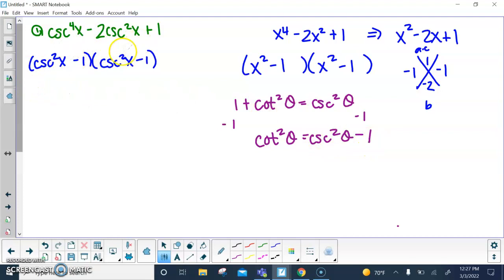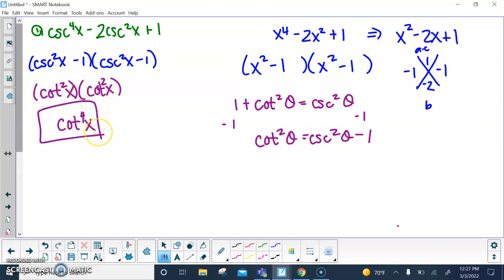So that means each of these binomials can be replaced with cotangent squared of theta, or x in this case. And in your exponent rules, when you multiply those together, that's just cotangent to the 4th of x.